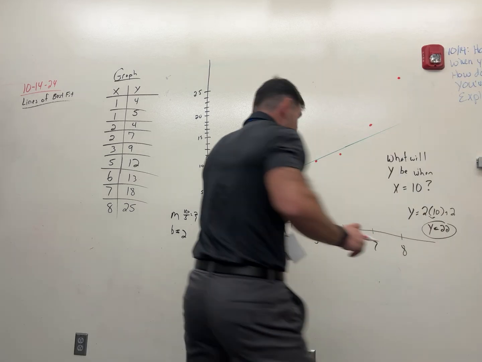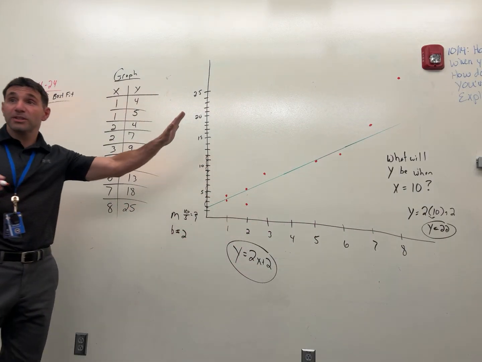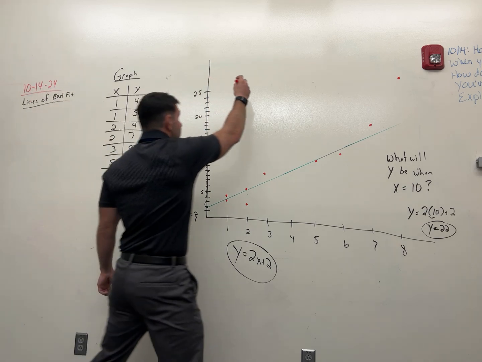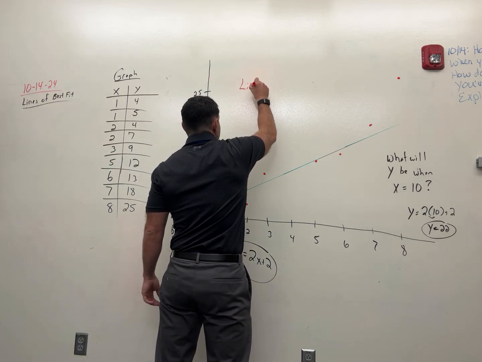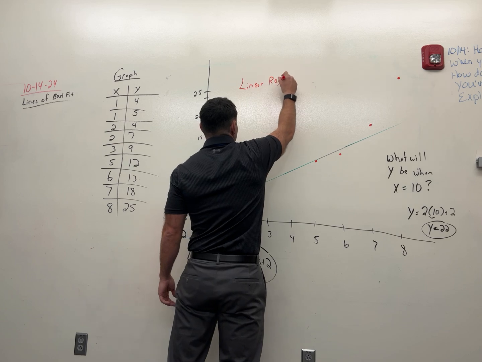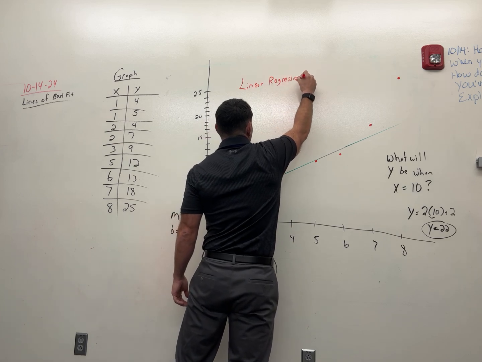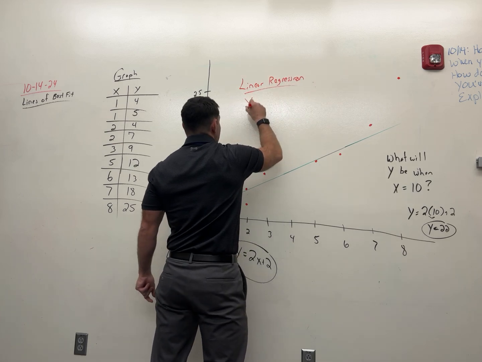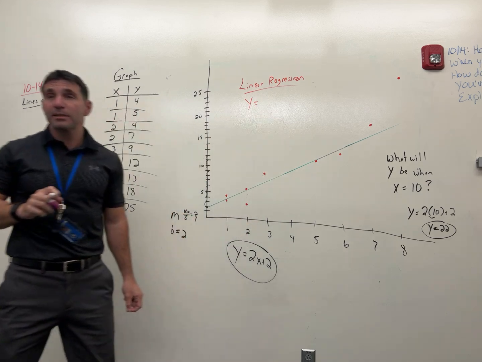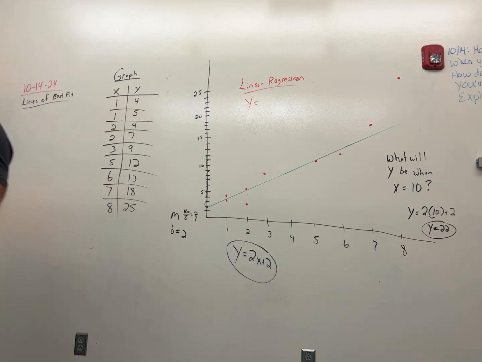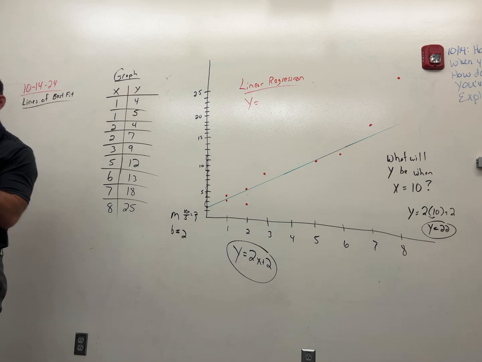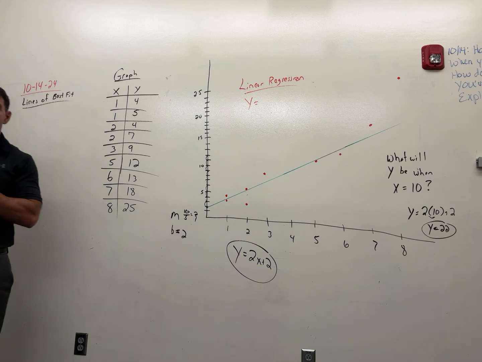This was our best guess, based off of my graph that was not done on graph paper. So the linear regression is y equals, what's my slope? Let's round to the nearest hundredth. So in your calculator it says ax plus b. What's the a?